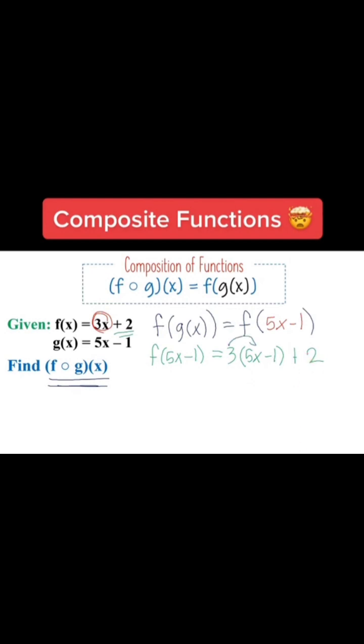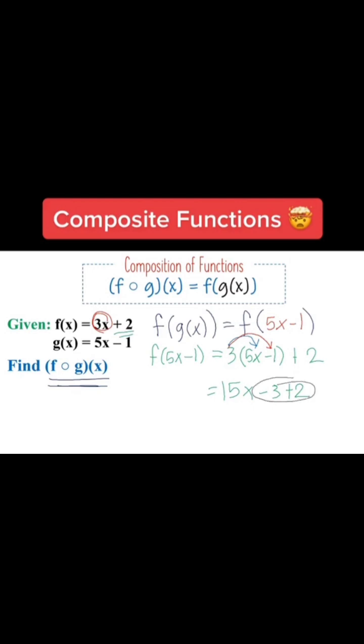And let's do this. 3 times 5x, that will be equal to 15x. Then 3 times negative 1, that is equal to negative 3. Then copy lang natin itong plus 2.